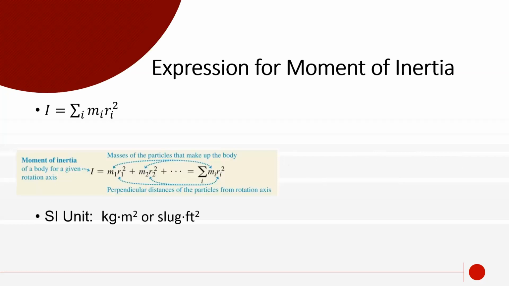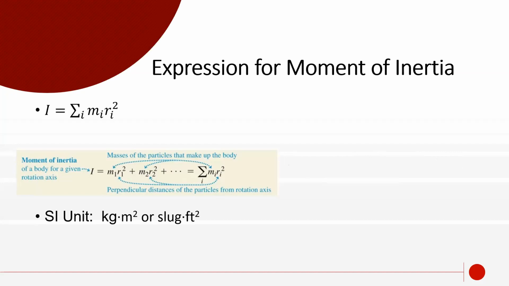In a system of discrete particles, the moment of inertia, represented by uppercase I, is obtained by multiplying the mass of each particle by the square of its perpendicular distance from the axis of rotation and adding these products.